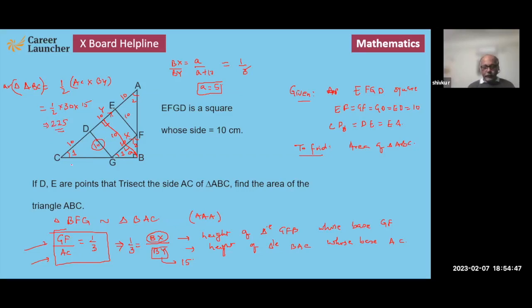So we got AC as 30. That's the first thing that we got. And we get the height as 15. So the area of this triangle will be half of 30 into 15, that is 225. तो इसका आंसर होगा आपका 225.